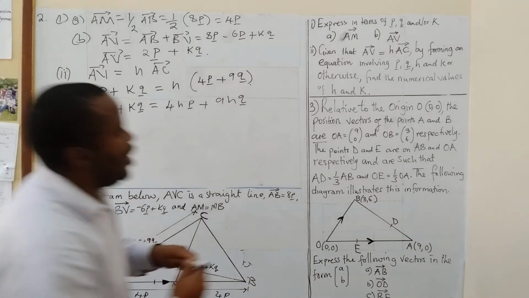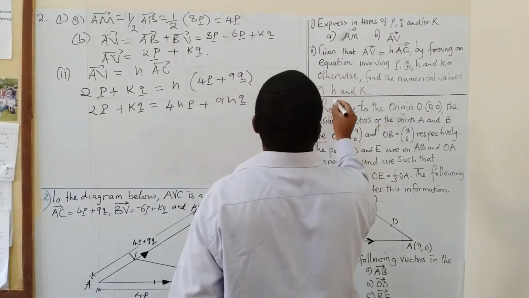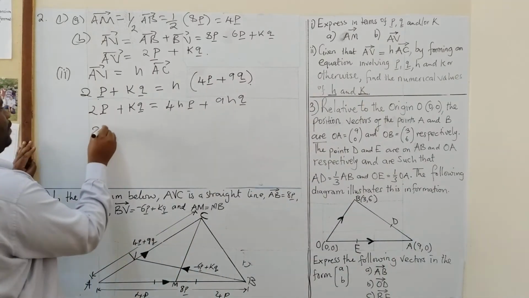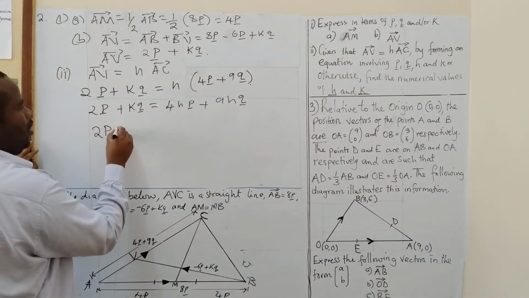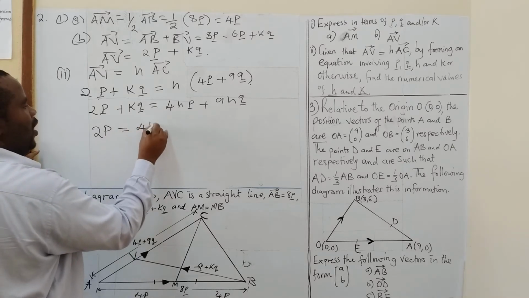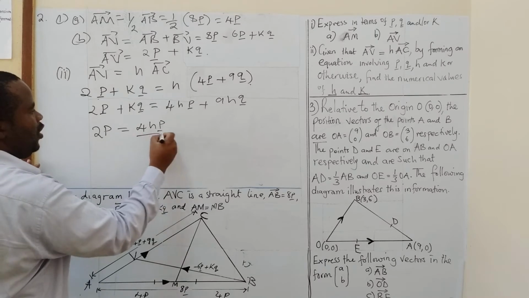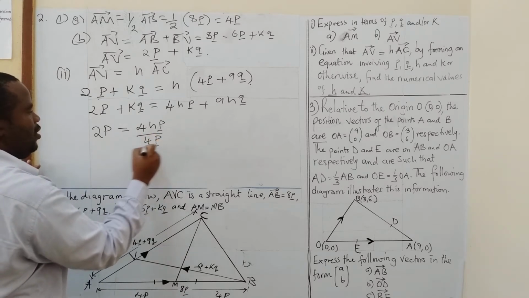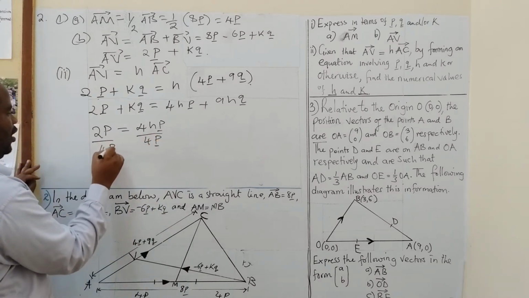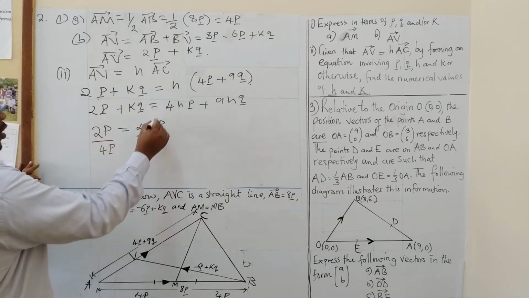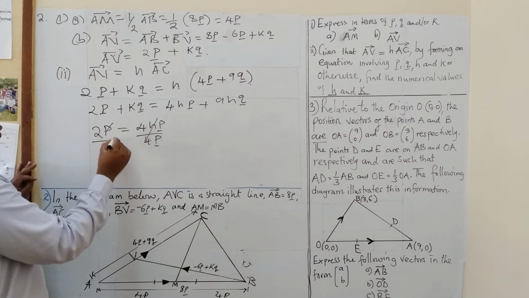And take note, our interest is to find this and this guy. So we are going to say 2p is equal to 4hp. Alright, we want to find h. We divide by 4p here and the 4p here. So these two cancel.